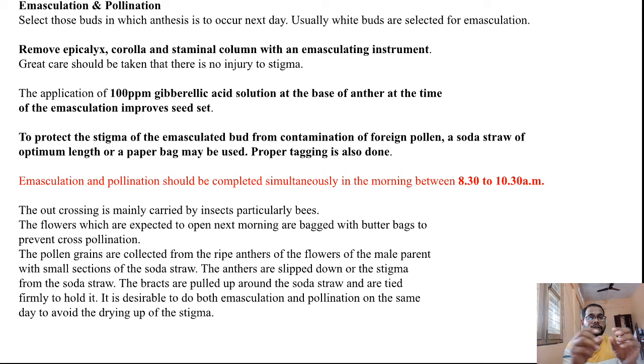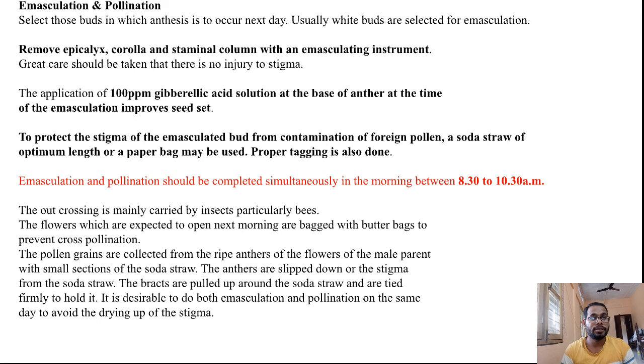Suppose this is the flower and you put the straw on it, then the staminal column, the apicalyx, and the corolla will be removed. Or you can just peel it out. Then the staminal column, apicalyx, and corolla are also removed. After that you have to bag it, and in the next morning or the same day you can pollinate with the help of pollen. Just collect the pollen and dust it over the surface of the emasculated flower, the stigma surface. So that is the process.